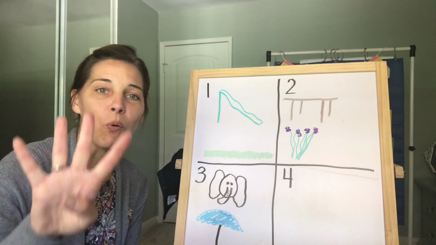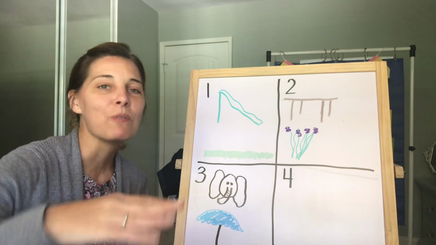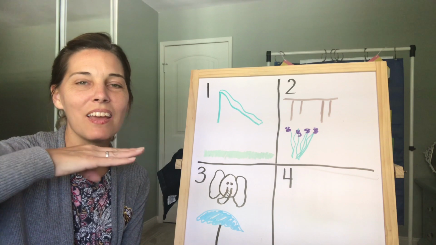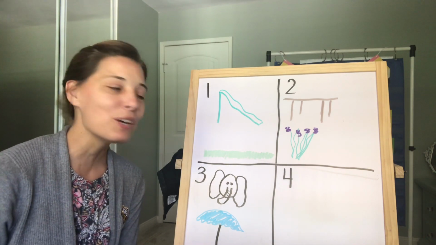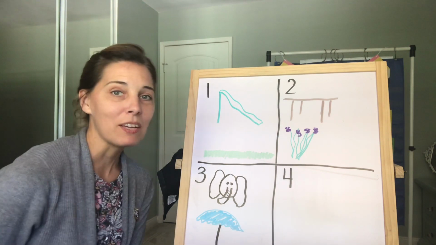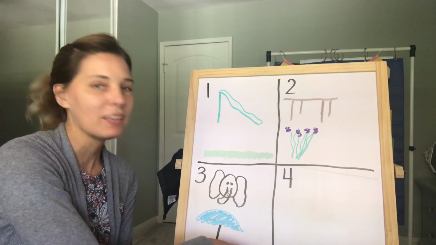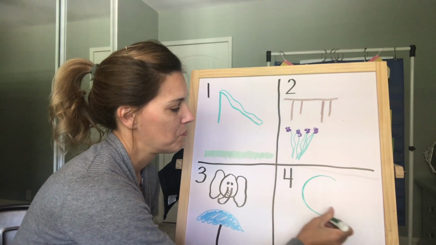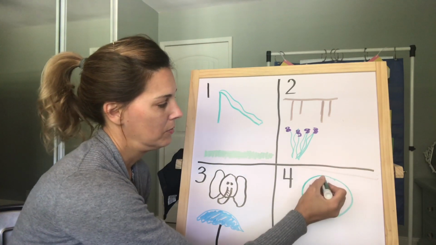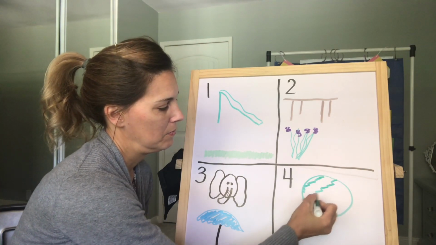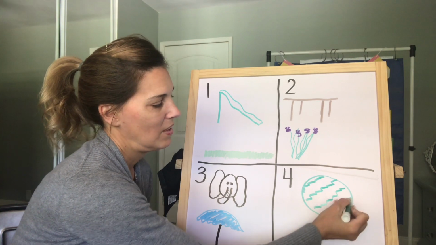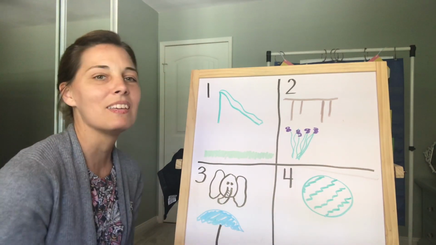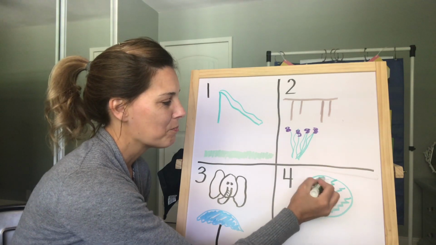Watermelon is a 4-syllable word. Ready? Let's practice. Watermelon. 4 times. Good. So we have one picture that we can draw in our 4-syllable box. And there is our big, green, juicy watermelon.